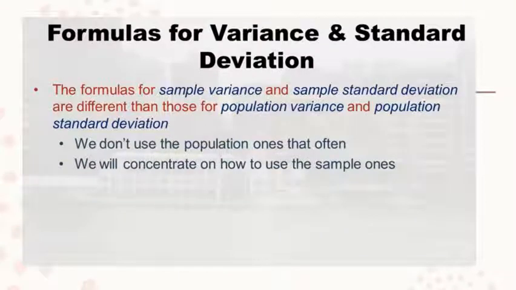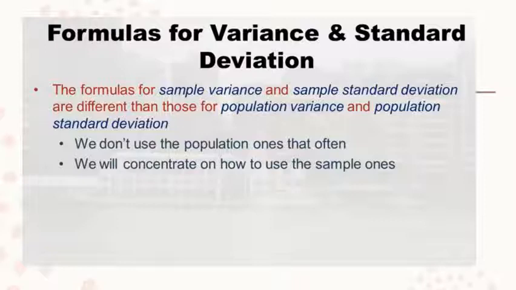Okay, so looking at formulas for variance and standard deviation. First of all, I just want to point out that the formulas for sample variance and sample standard deviation are different from the formulas for population variance and population standard deviation. That being said, we almost don't use population variance and population standard deviation much at all.